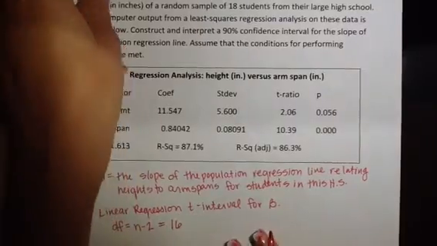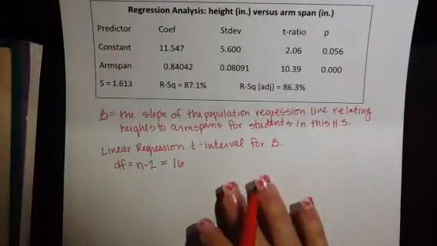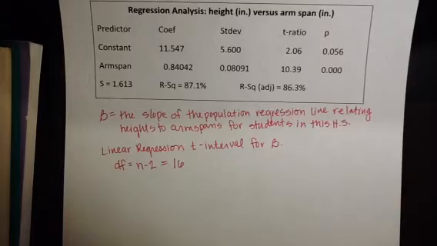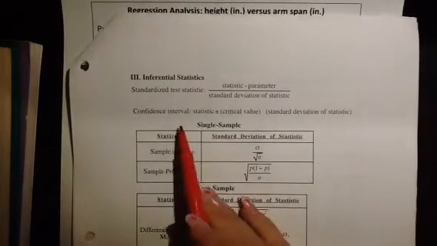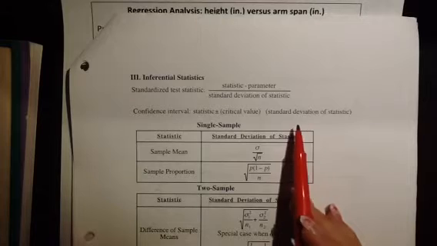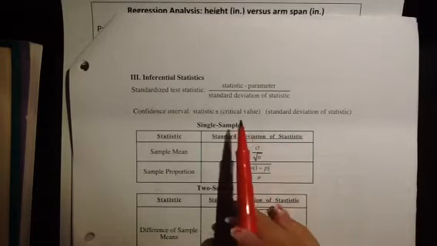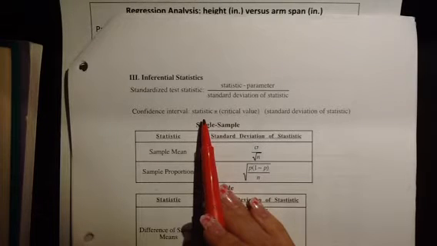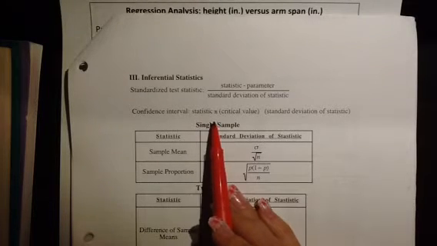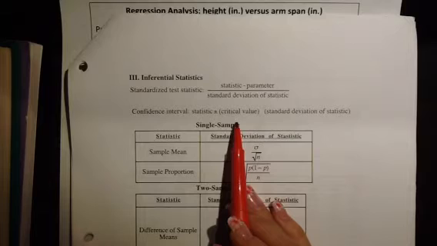Then I'm going to set up my formula. Remember, here in the resource packet, on the second page, I always have this given to me. I just need to know how to piece that together for what I have now. So the statistic in this case is going to be our b, the slope that we have for our regression line, plus or minus our critical value. It's still our t critical value, so we're going to go to the table to find that.